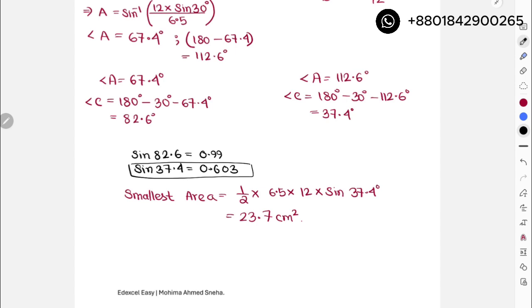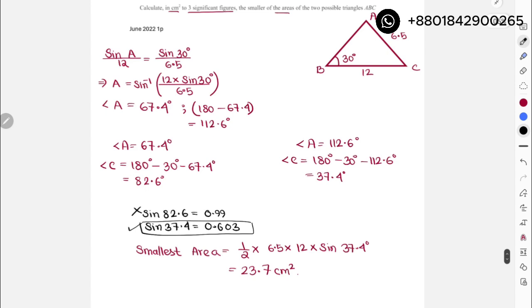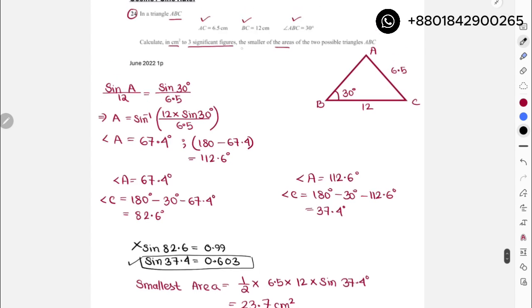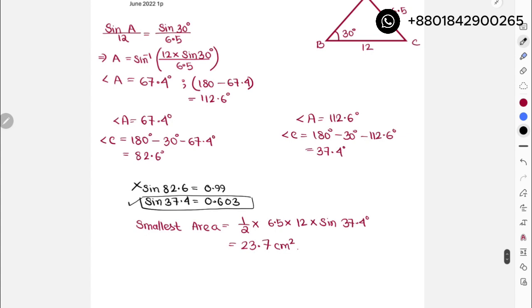Half AB is going to be a constant, but this one gives you a smaller component. That's why we're going to stick to the angle 37.4, not with 82.6, because we want to find the smallest of the two areas. This one is supposed to give me the largest value, and this one is going to give me the smallest value. That's why we stick to the smallest calculation.